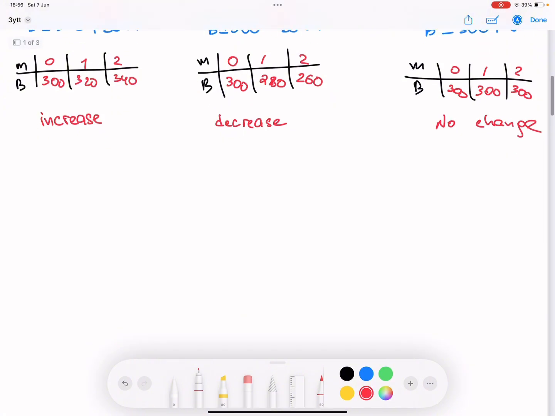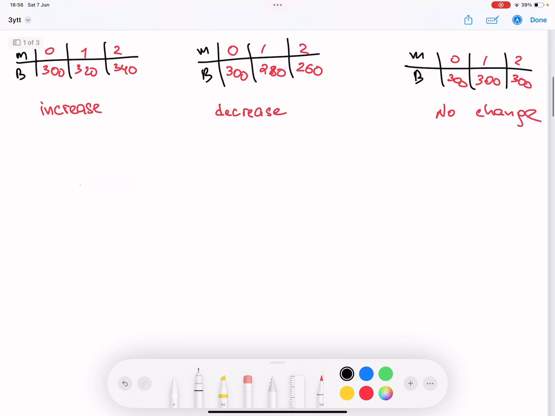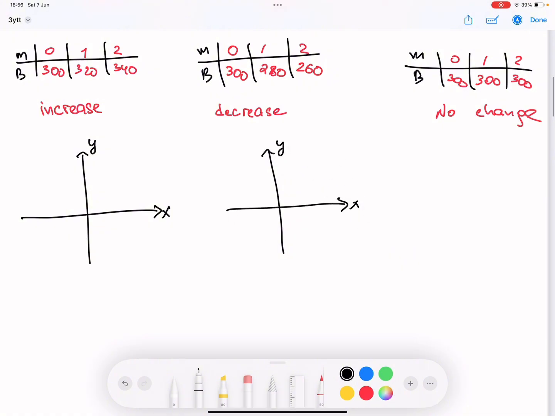Well, guys, we have to know about their graphs, how we are going to sketch them. I will show you on the xy planes. Let's sketch it for the second case, and this is the third one. And look, if we have a positive slope, we said it increases.